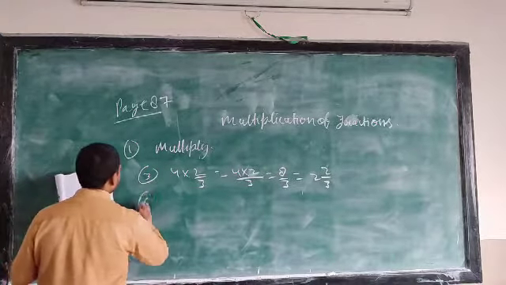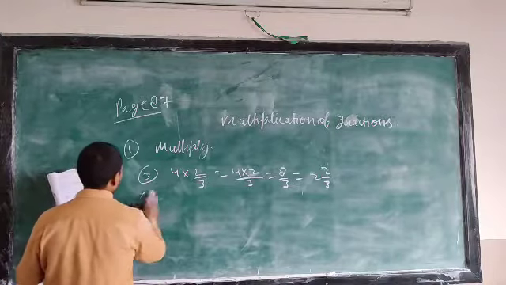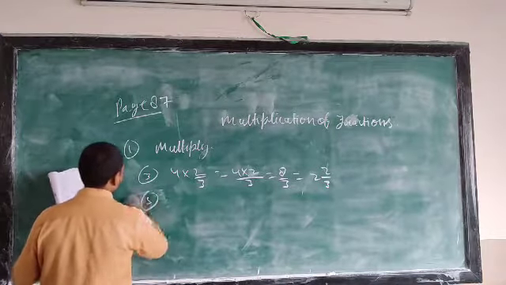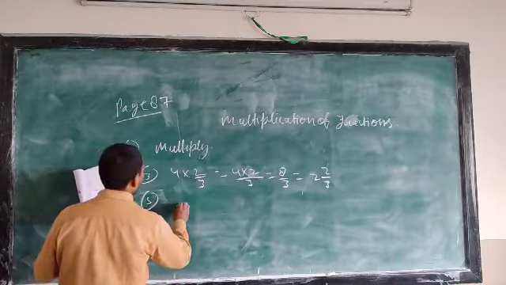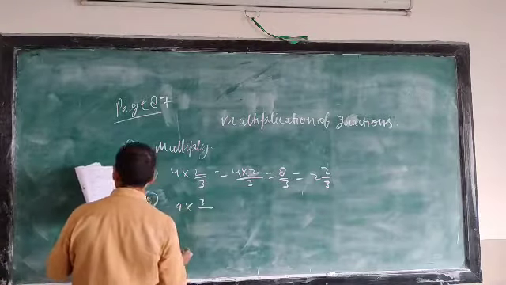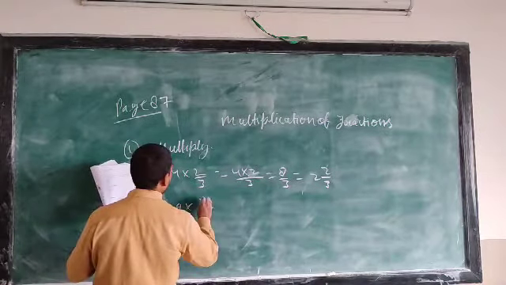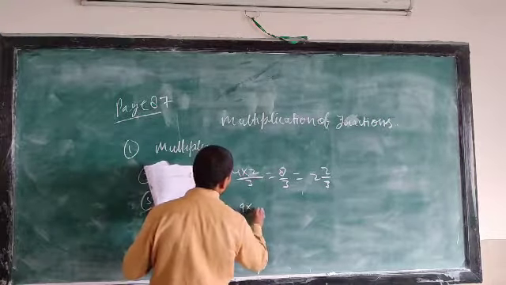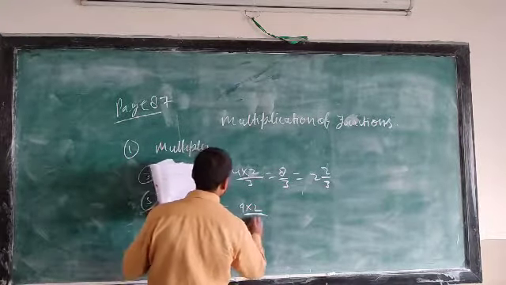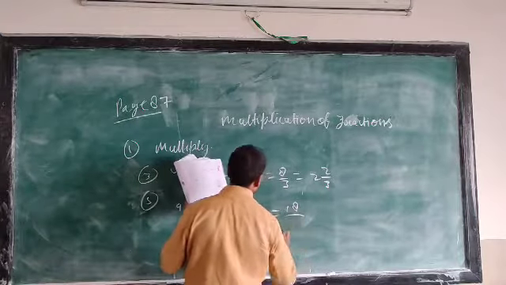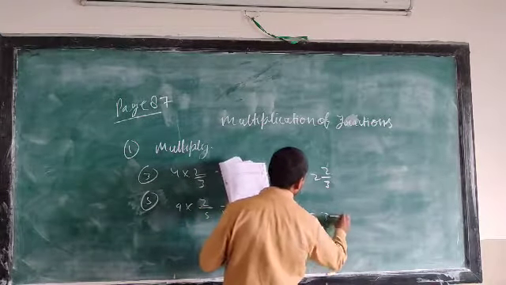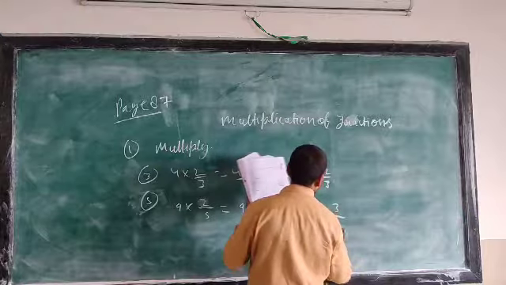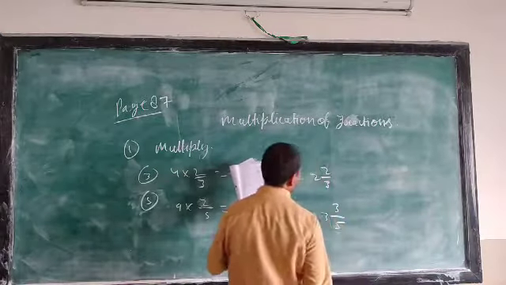And the sixth one, sorry, the fifth one. Fifth here is given 9, 3 by 9 and 2 by 5. So 9 multiply 2 by 5 is 18 by 5. 5 threes are 15, so 3 and 3 by 5, that is 18 by 5.